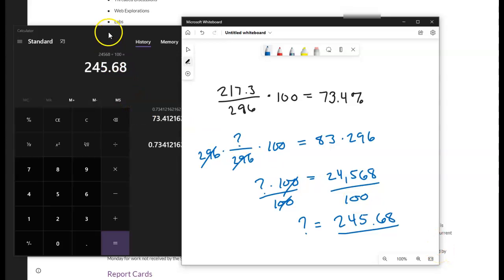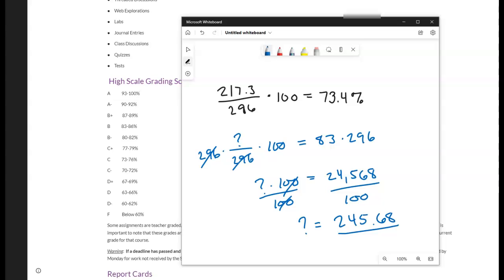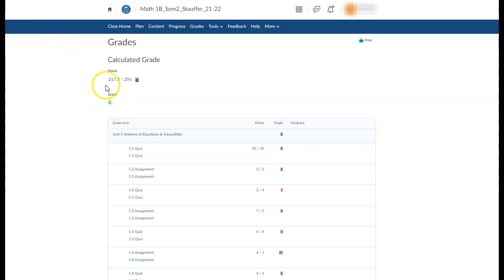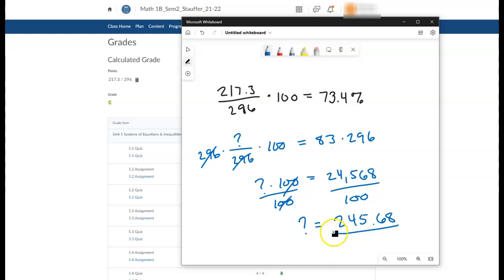But now the question we usually ask is how many more points do I need, right? I don't really need to do all 245 points now. That would be overwhelming. Let's look back at our grades. We see I already have 217 points. I need to get 245, so basically the difference there is 245, I'm going to round this to 0.7, subtract the amount that I already have, 217.3.